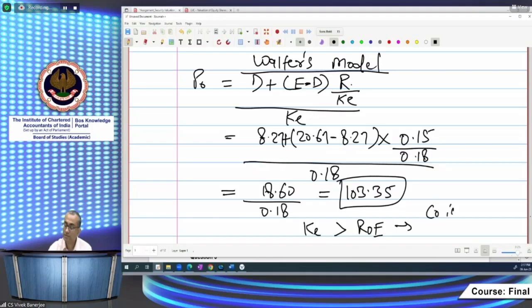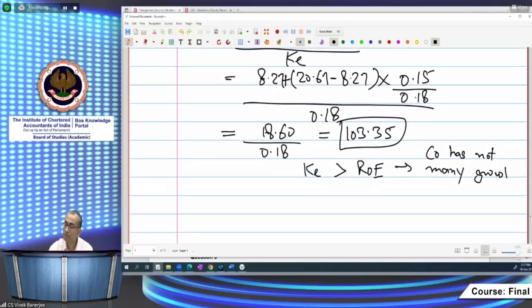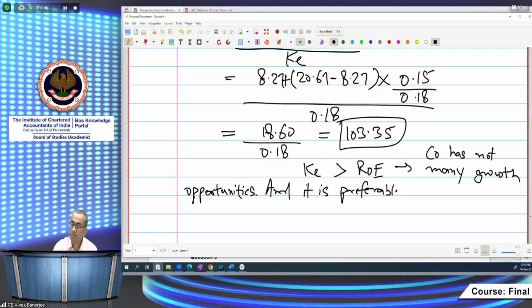So it means that the company has not many growth opportunities, and it is preferable to declare dividends.